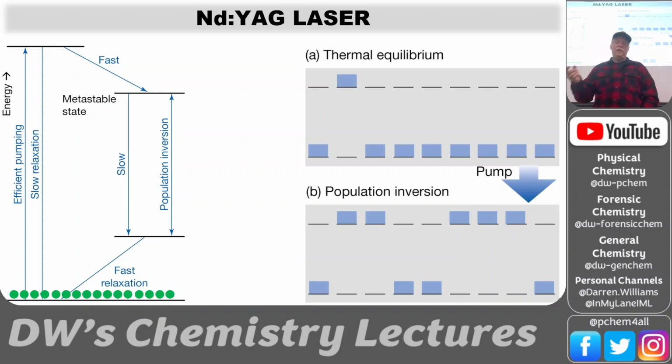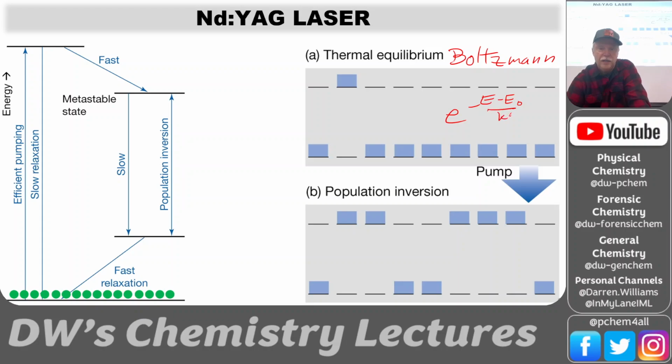Okay. In most cases, we have this thermal population or thermal equilibrium given by the Boltzmann distribution. And the Boltzmann distribution is e to the minus (E minus E0) over kT, right? So when we're at E0, it's essentially a probability of 1 that we're going to be in the ground state, and then it's going to be a smaller probability that we're in any of the excited states.